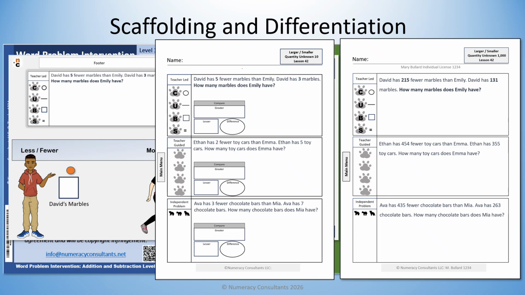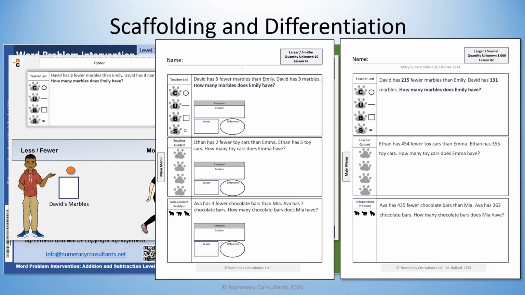Obviously, the difficulty of the numbers is where it becomes more difficult, and you could actually teach this lesson, scaffold it down to just solving within 10, then take the knowledge they gained from setting up this problem and have them apply it to the larger numbers up to 1000. This can really give them the supports they need when you're teaching that schema.